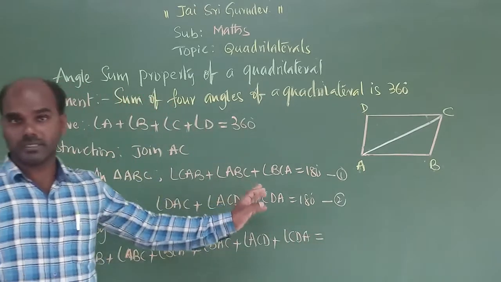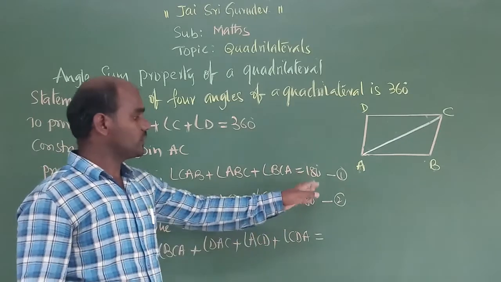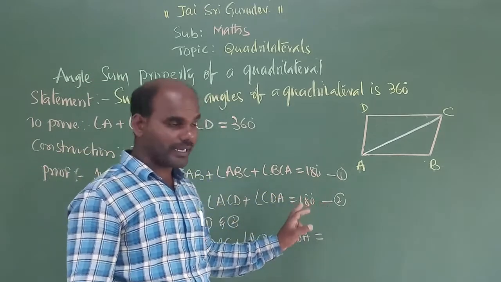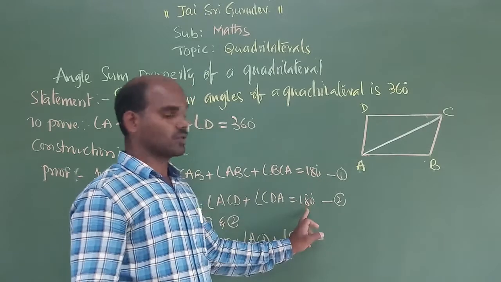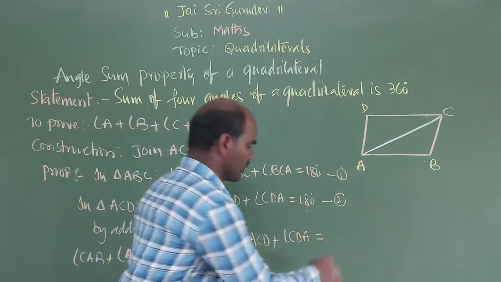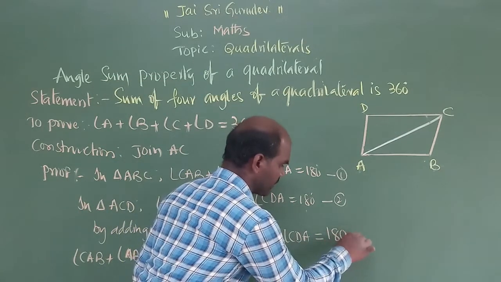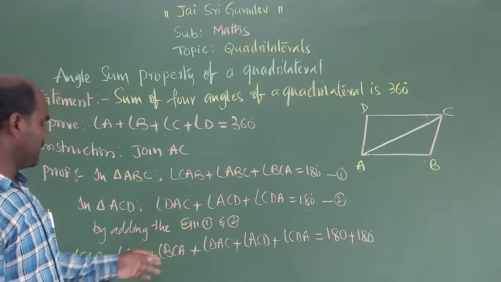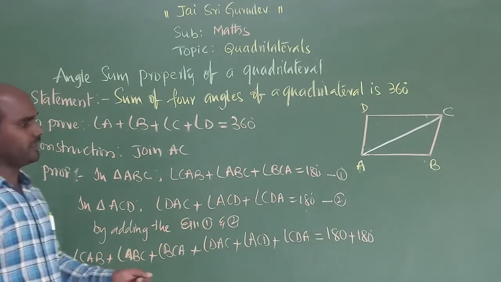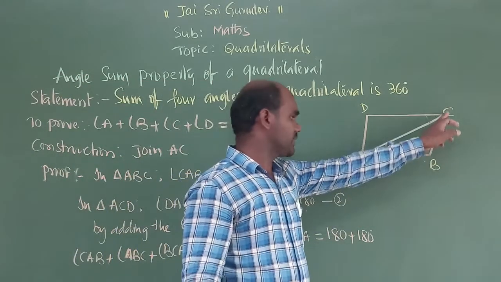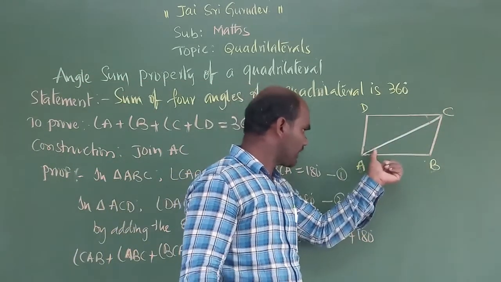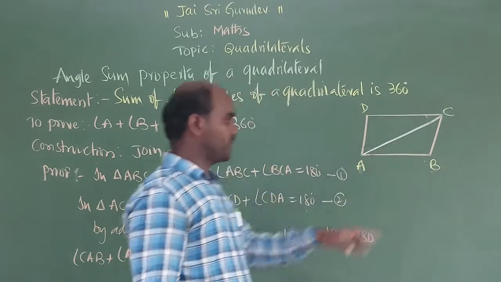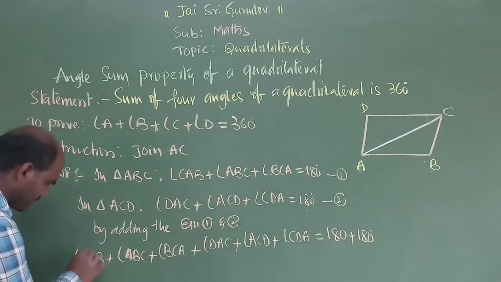All left hand side values are completed now. Next we go to the right hand side. What is the right hand side value, children? Here 180 is there, here also 180 is there, so 180 plus 180. Yes or no, children? Then CAB means this angle only now.